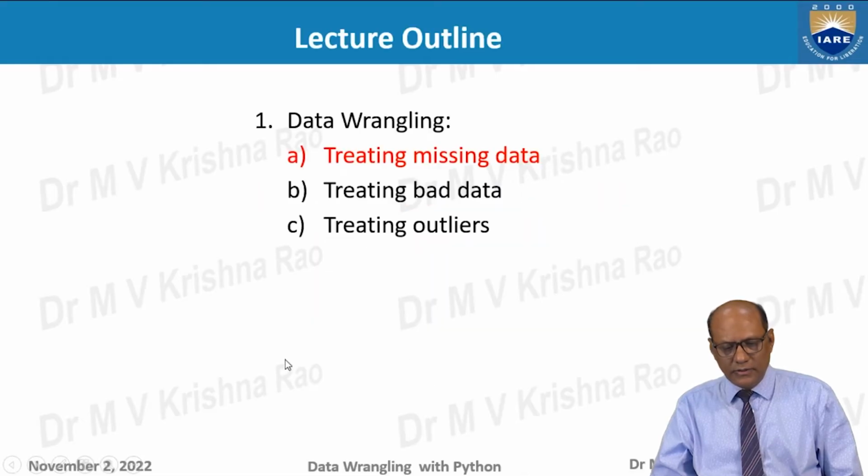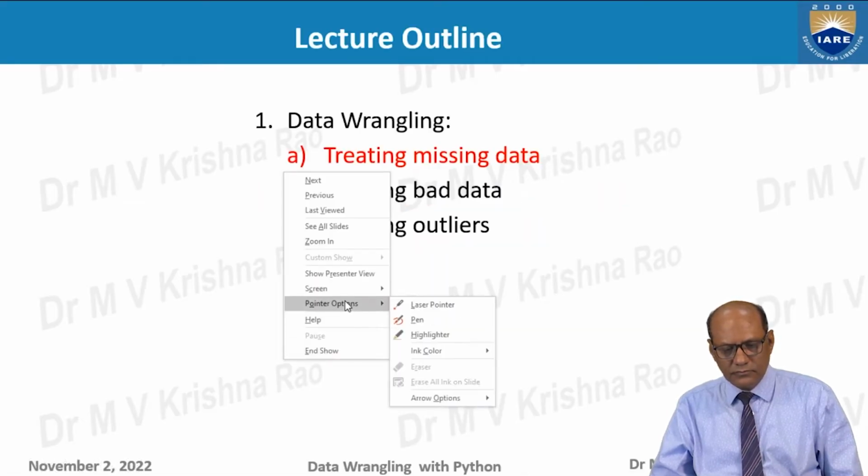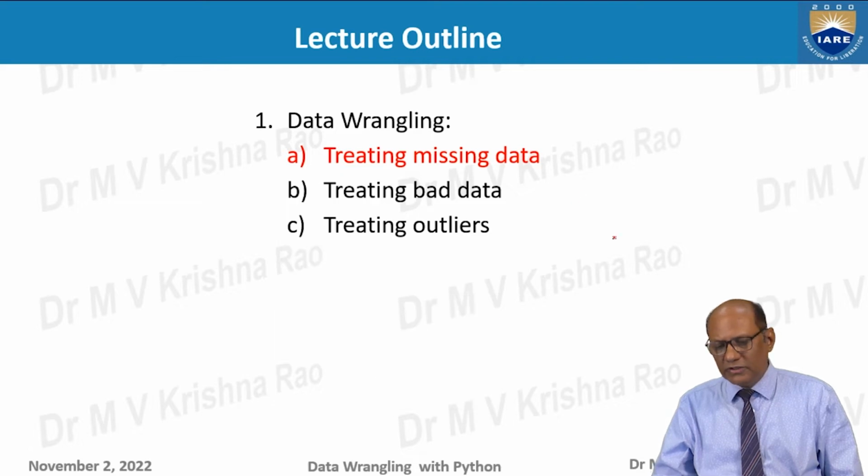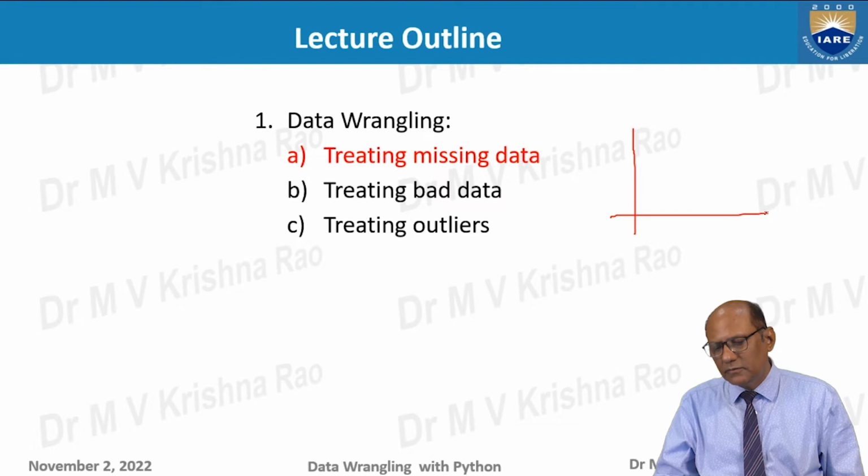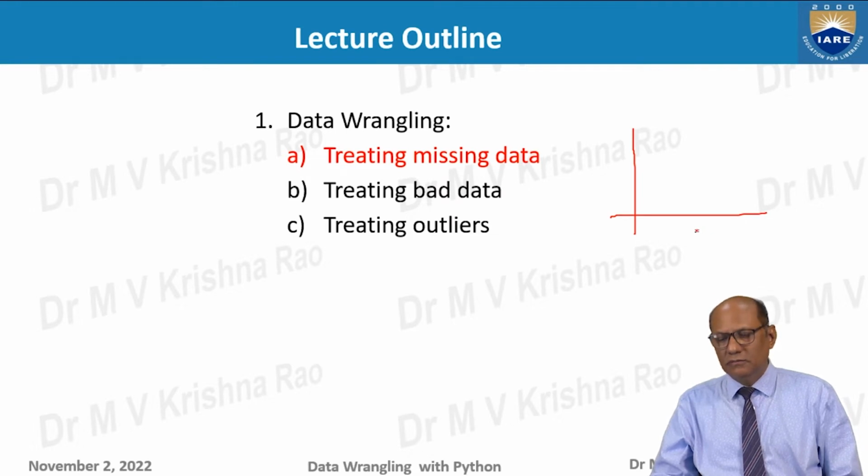So the problem with the mean is, let us plot, let us say 0 to 99, because I have 100 values. I am taking one column and I am plotting this.